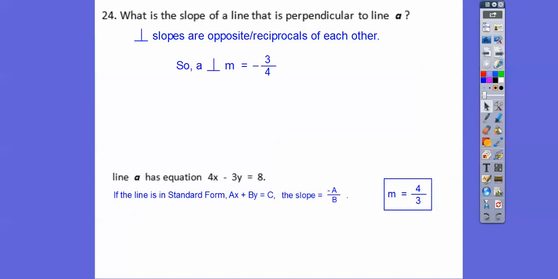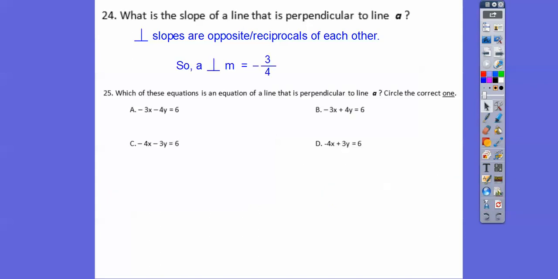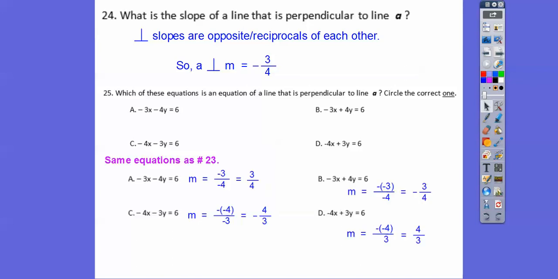The last piece is which of these lines has a perpendicular slope to line A. I copied this with my mistake, and I know it's not this one. I'm looking for the one that has -3/4. The one with -3/4 is right here, so it's going to be choice B. They're the same equations as in number 23.